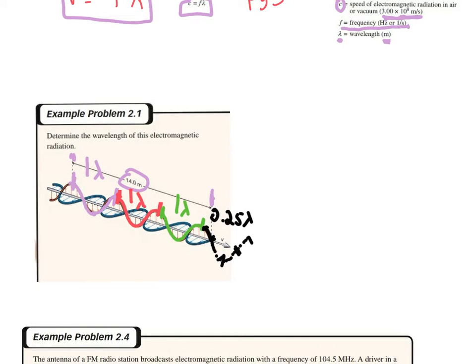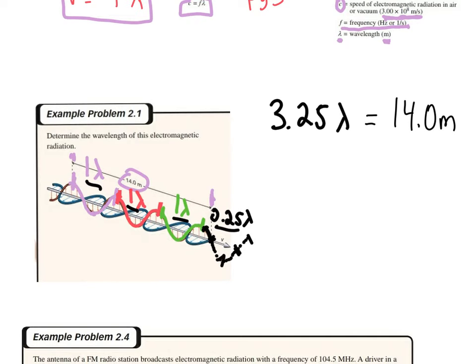And so that means we would have a total of 1, 2, 3.25. This would be 3.25 wavelengths, which is equal to 14.0 meters. Now, once we have that information, we can sort out how long the actual wavelength is.